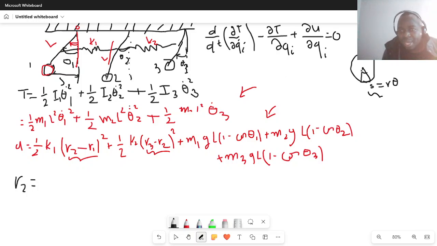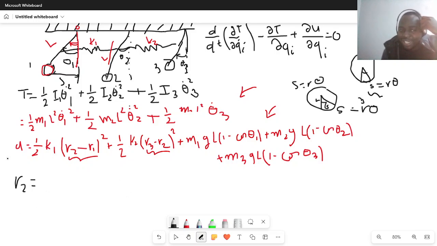Remember this formula here, when we said S is equal to R theta, the R that we are talking about here, because the circle is here, this is the center of a circle. The distance from here to here is the radius of the circle. As it swings to a distance here, let's say it created an angle theta, this S, we said it is R theta. The R here is tending as what? Radius.